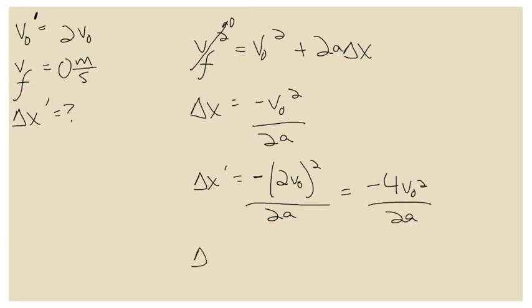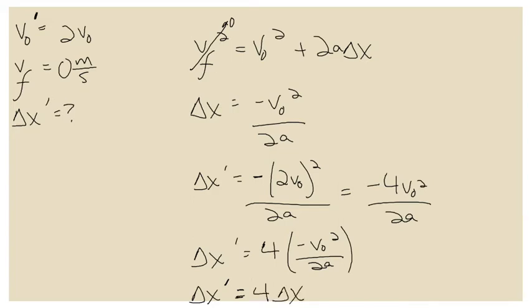And this one's a little tricky, but it's important to realize, remember, we said when you pull out the whole number, what you want left over inside the parentheses is whatever you had in the original equation. So that would be negative v naught squared over 2a. And so this calculation here shows us that delta x prime is 4 times the original delta x.